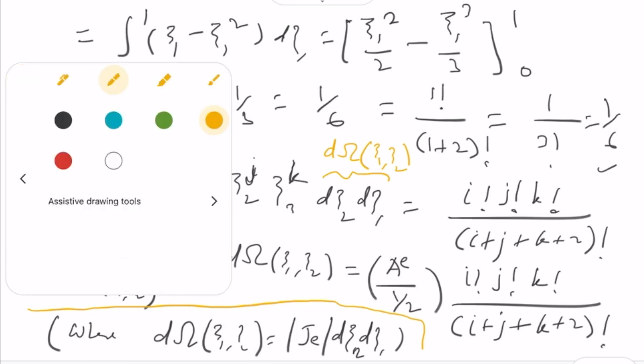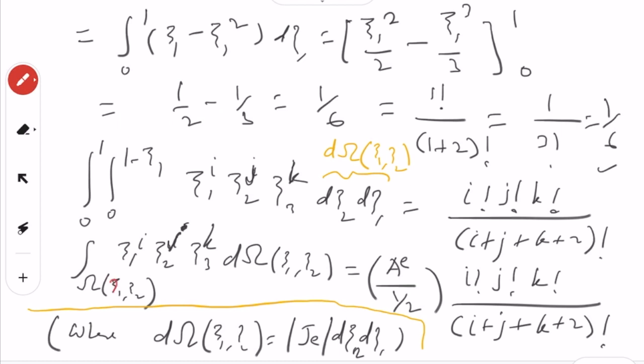So you can write here that this is the x, y system. So this is the xy system.